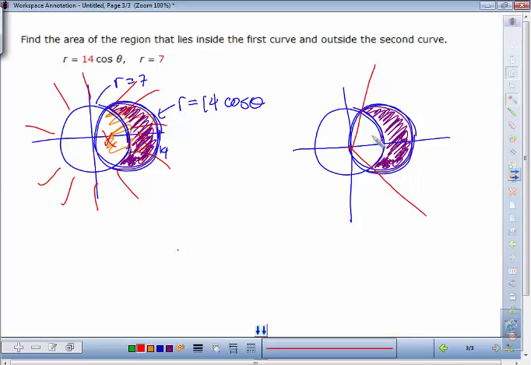Oh, by the way, since you are looking for areas between curves, just the same kind of logic that you found in Calc 2 where you found areas between curves, it's just the top minus the bottom. Which one would be the top curve? The one with the cosine? So this is the top curve. And this is the bottom curve.